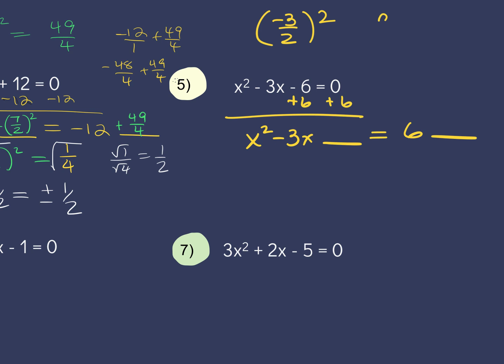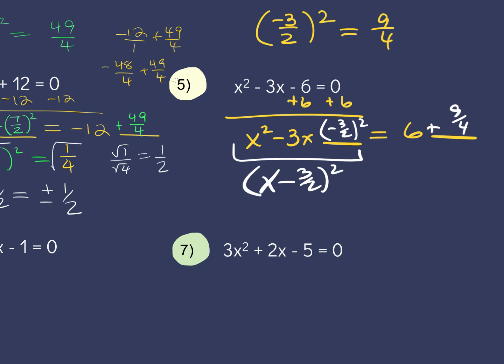And then this gives me 9 over 4. But again, remember, in my blank space here, I'm going to put it in as minus 3 over 2 squared. And then over here, I put the plus 9 over 4. So when I go to factor this, it's just x minus 3 over 2 squared.